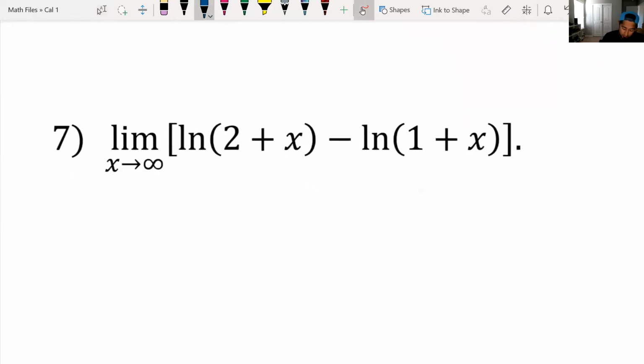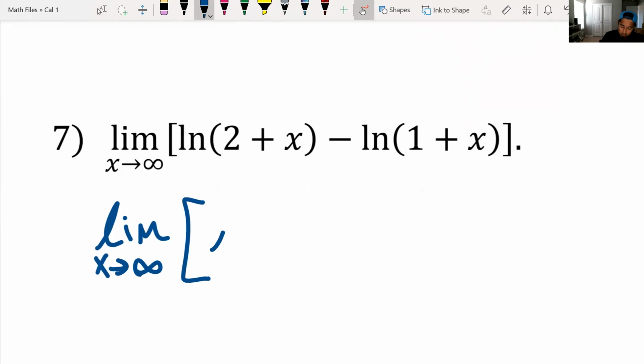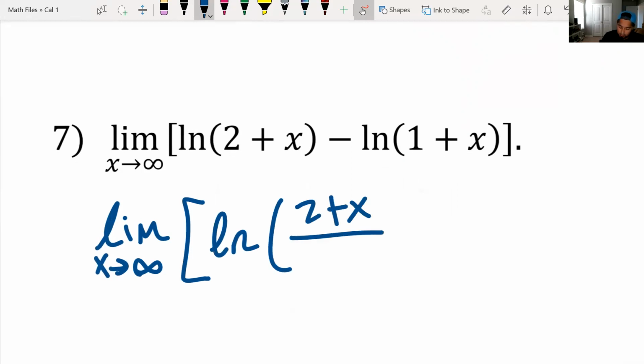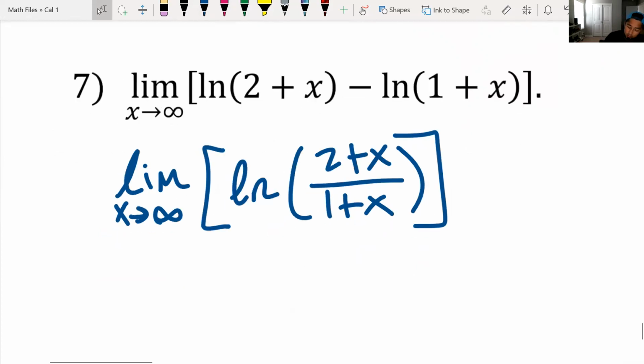So we'll have the limit as x approaches infinity of the natural log of 2 plus x over 1 plus x. And then power trick it. Once we apply the limit inside, we can do that all in one step. Why not?